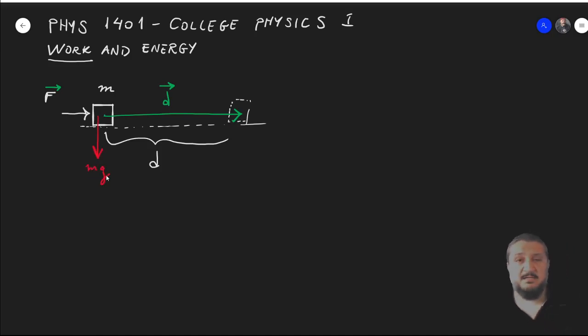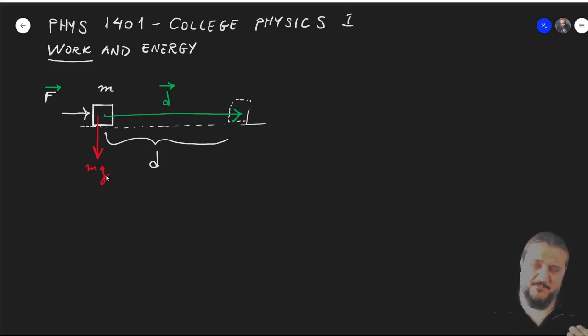Now, since the surface you're pushing the object on is horizontal, gravity is not really helping you. It would if you were going downhill, or gravity would oppose you if you're pushing it up an incline. But here, it's not doing anything. So sometimes forces don't do any work at all.